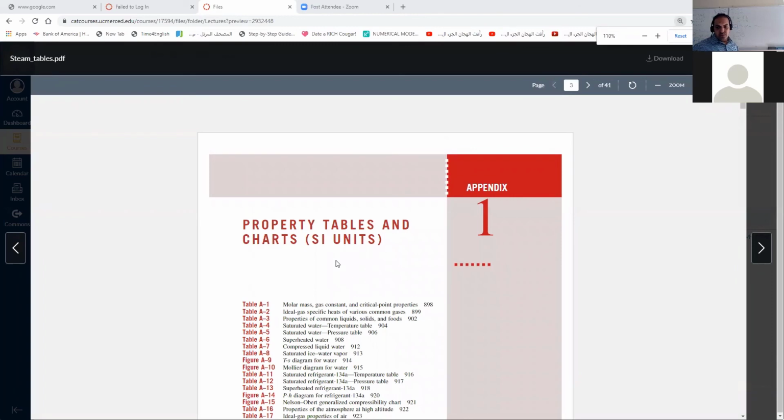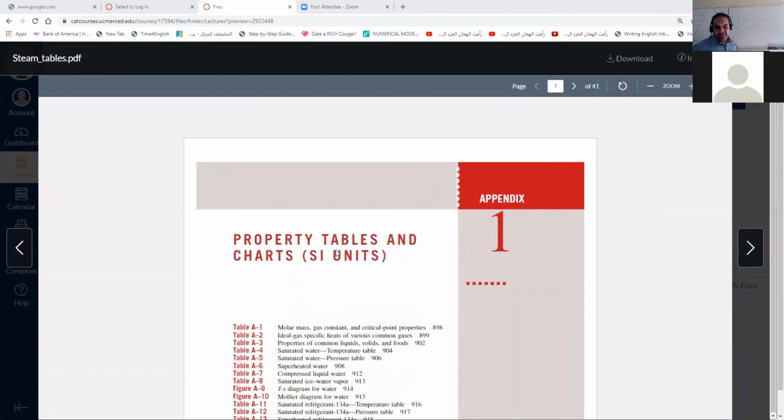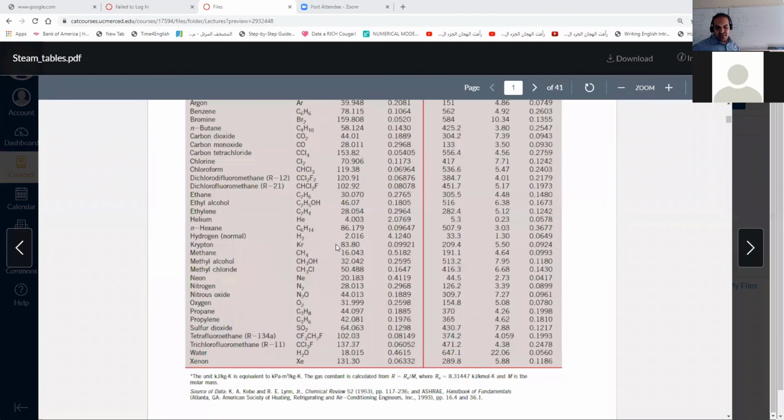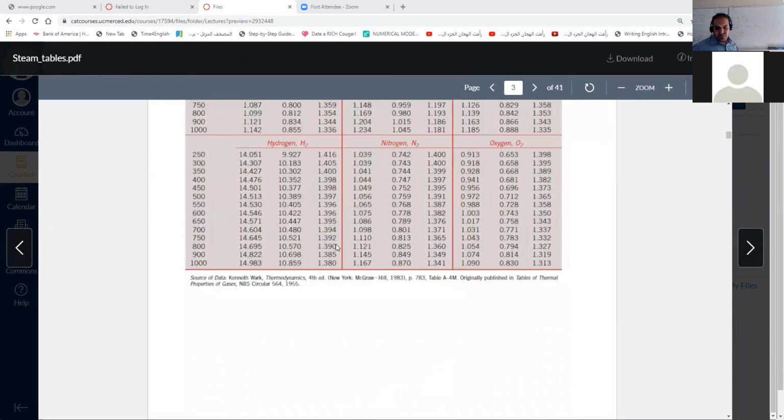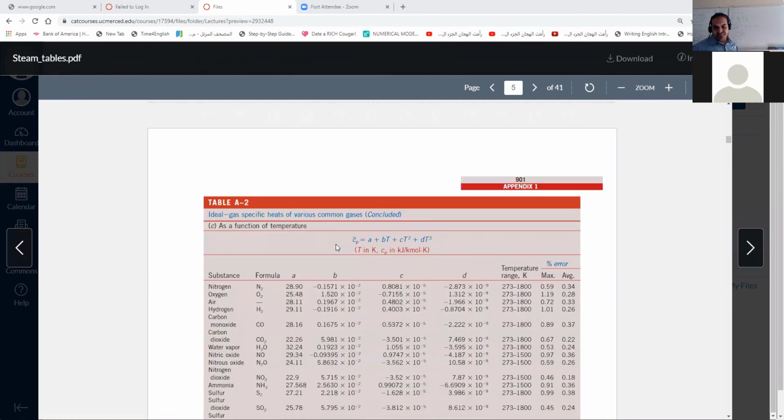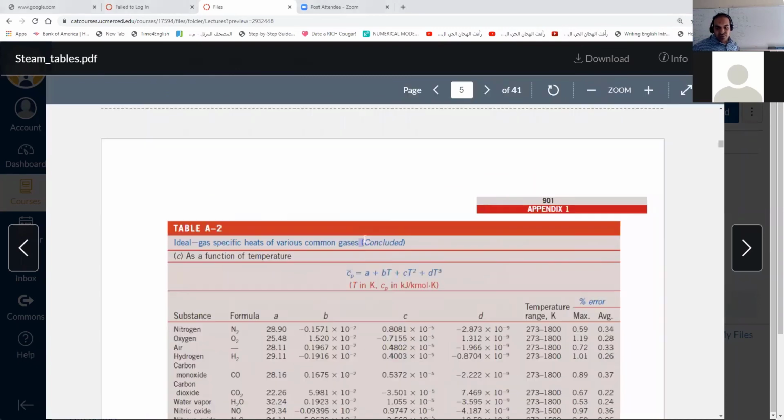Yeah. Open A2C, ideal gas specific heats. Is it A2A, no, A2B, no, A2C, yeah. For example, A2C. Can you see what is given here? Given here is Cp bar. I don't want Cp bar. I want Cp, for example. So Cp bar, to go back to Cp, just divide by molecular weight. It will be Cp.